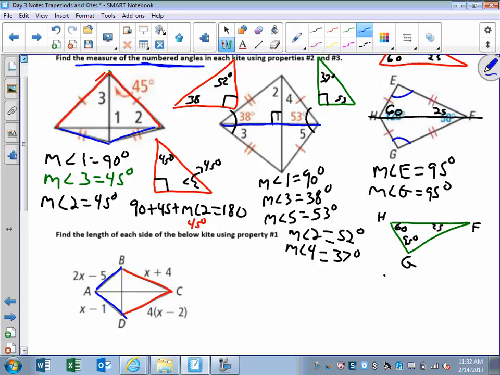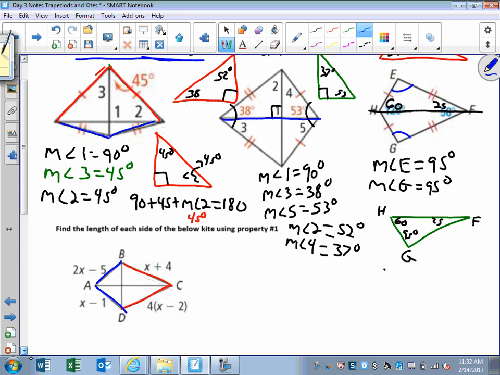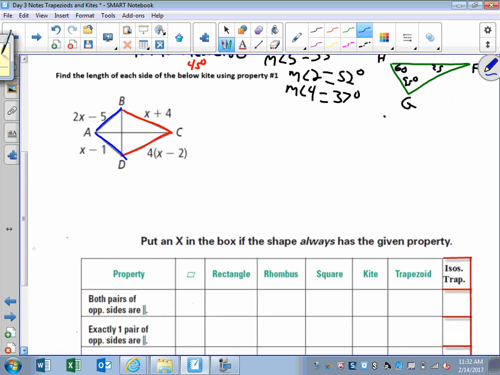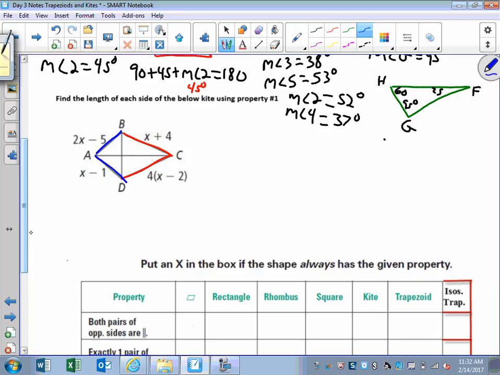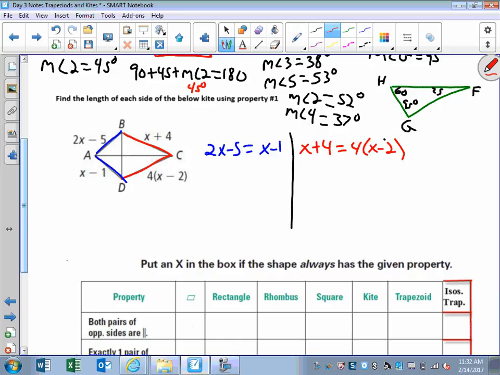Now, since there's only one variable, we can use any pair of sides to find the answer. So we could either do 2x minus 5 equals x minus 1, or we could do x plus 4 equals 4 times x minus 2, because they're both equal to each other.